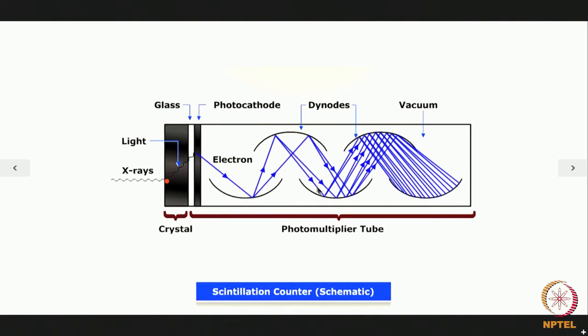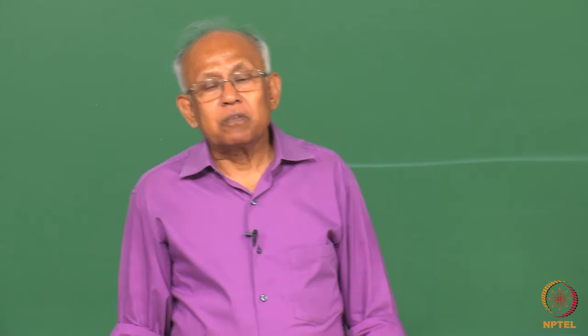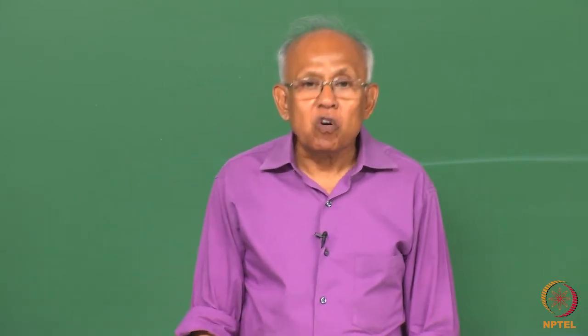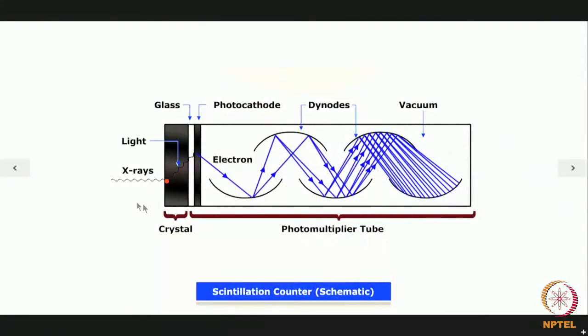In this way an avalanche of electrons is produced, which gives a voltage pulse of the same order as in a Geiger counter. This voltage pulse will be proportional to the X-ray quanta which entered this scintillation counter.